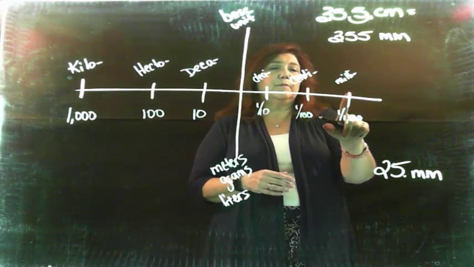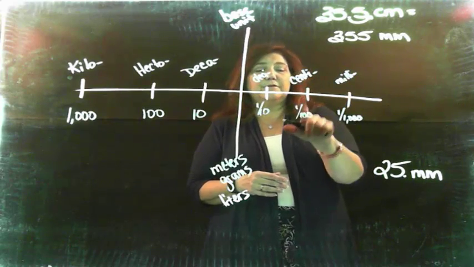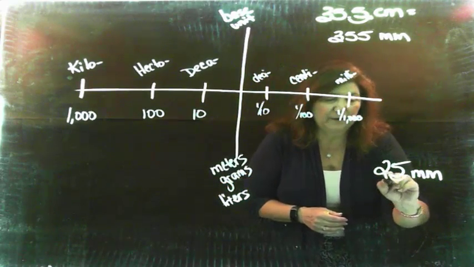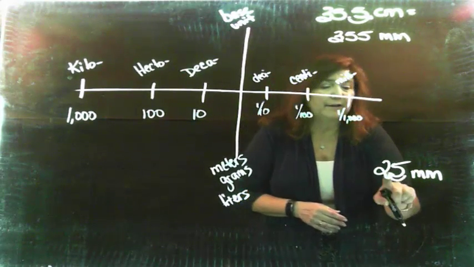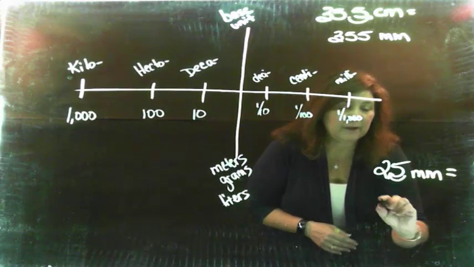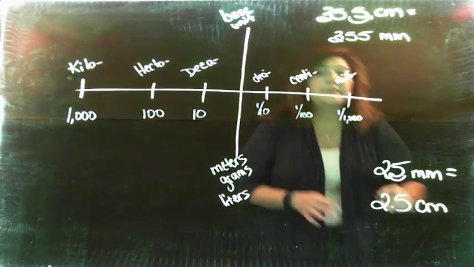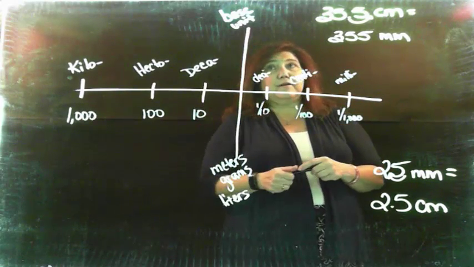So I need to go from millimeters to centimeters. I'm going one place to the left, which means I'm going to take my decimal point and move it one place to the left. So now I can say that my 25 millimeters is equal to 2.5 centimeters. This is just another way to do it without actually having to do your math functions.